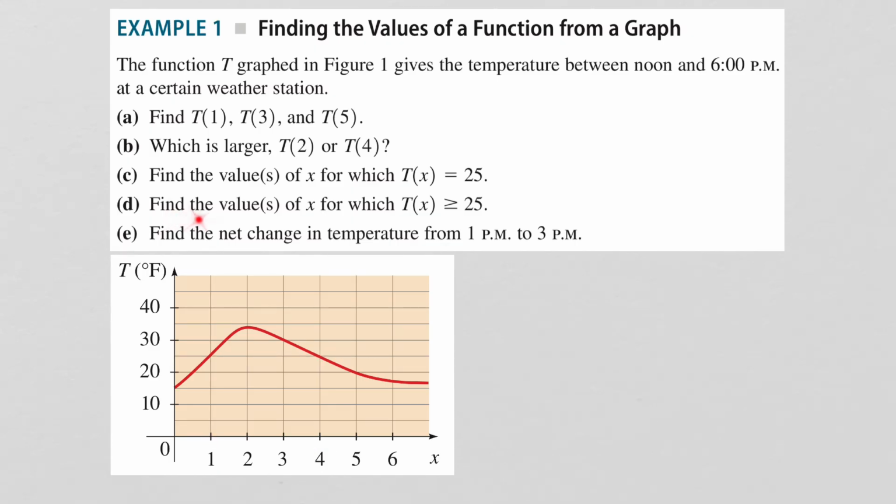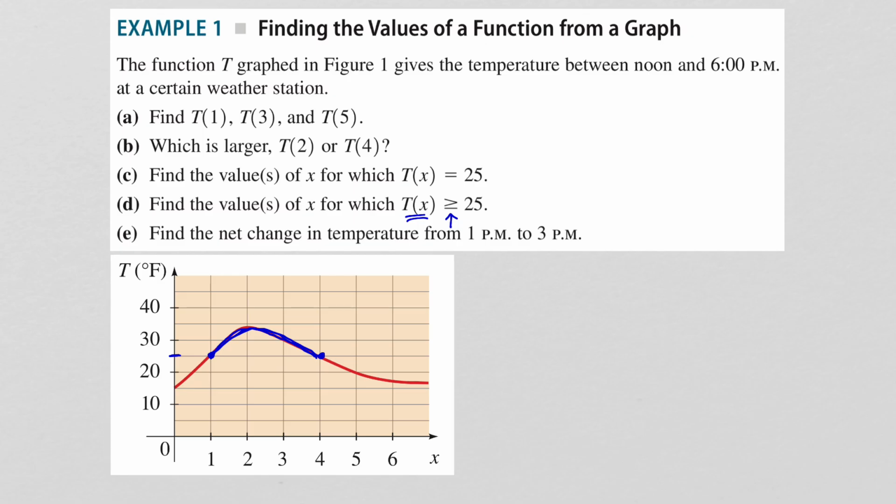And next it says to find the values of x for which T of x is greater than or equal to 25. So again, here is 25 on the t-axis. We can see that the times where that is equal is at, again, 1 and 4. Now, where is the temperature greater than or equal to 25? Well, that would be here, right? Because greater than means the temperature is more than 25.